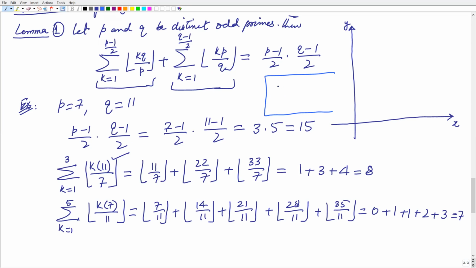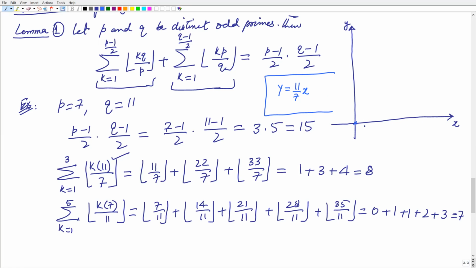So let me write y equals 11 by 7 x. This line passes through the origin because it has no constant term, with slope 11 by 7. So when x is 7, then y is 11.